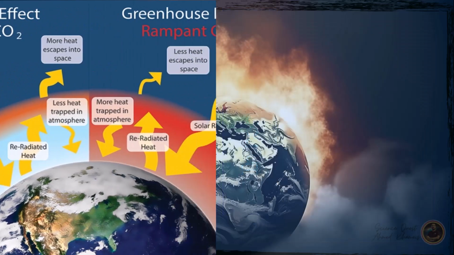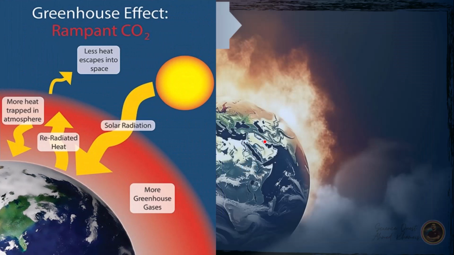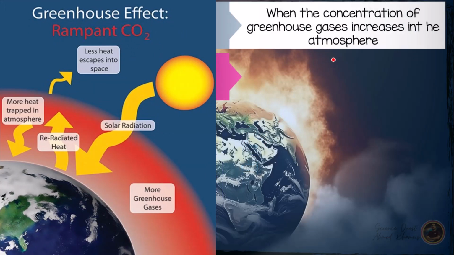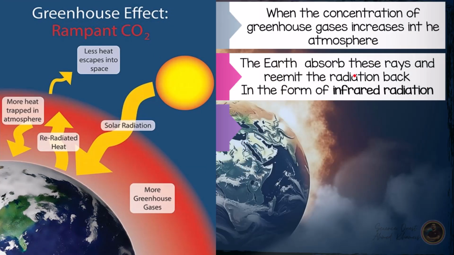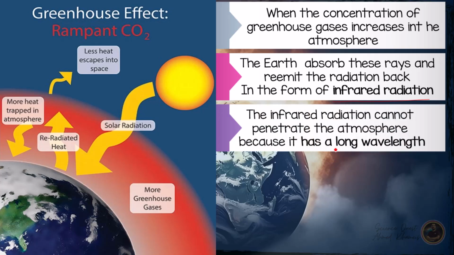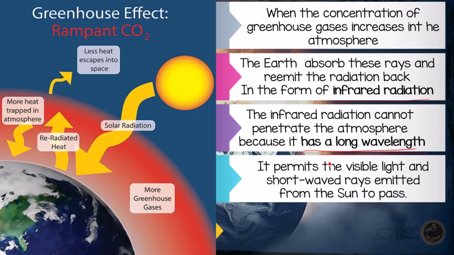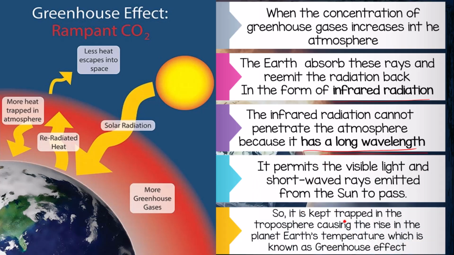But as we increase the greenhouse gases, the Earth absorbs these rays and re-emits the radiation in the form of infrared radiation. The infrared radiation cannot escape through the atmosphere because it has a long wavelength, and then it reflects back to the Earth or stays trapped in the troposphere, causing the rise in the planet's temperature.